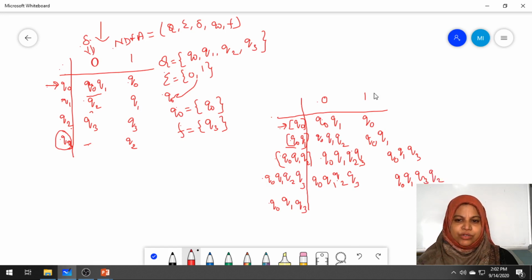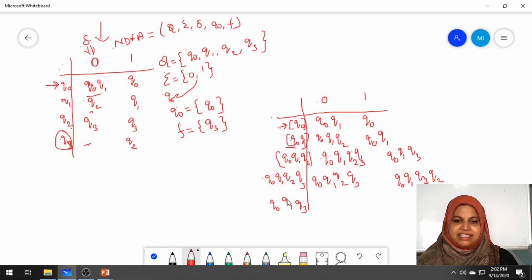While we are applying 0, 1 input on q0, q1, q2, q3, we are getting the same state, q0, q1, q2, q3. These 2 states are the same.